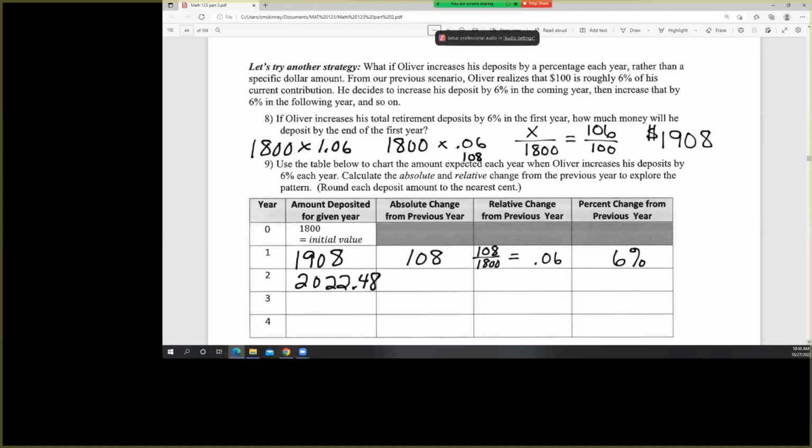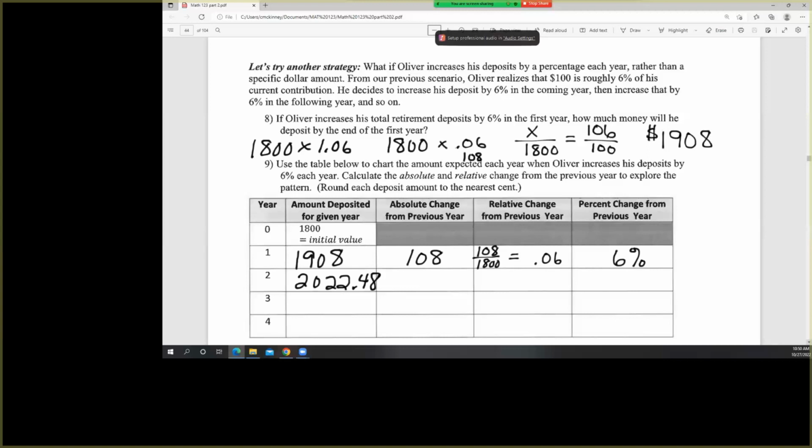For the 108, you divide that by 1908, right? No, you divide it by the previous value. Yep, you're always dividing by the old, because the percentage was based on the prior year.